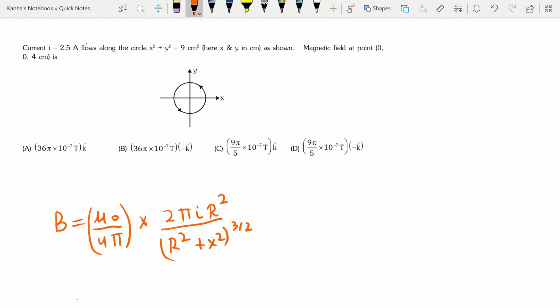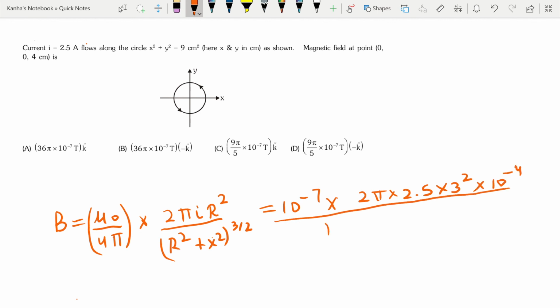Using this and just substituting the values, we find 10 to the power minus 7 into 2 pi into 2.5 into 3 square into 10 to the power minus 4 divided by 125 into 10 to the power minus 6 in the k cap direction, which is nothing but 36 pi into 10 to the power minus 7 T in the k cap direction, which is one of the answers. So here is the correct answer.